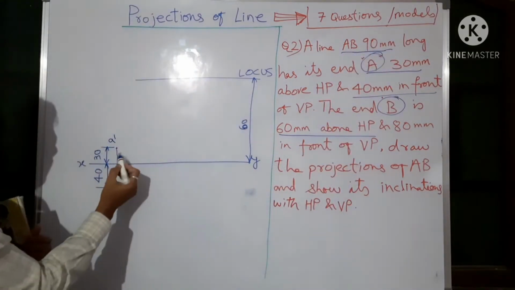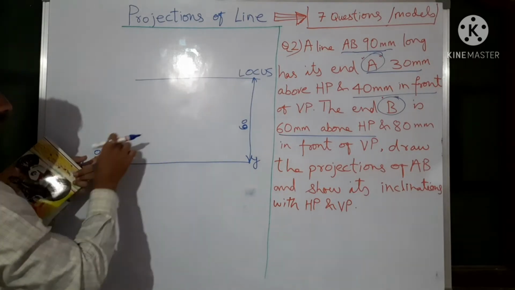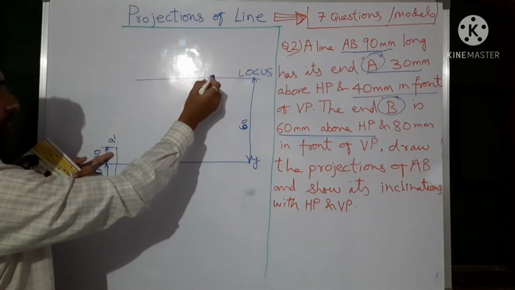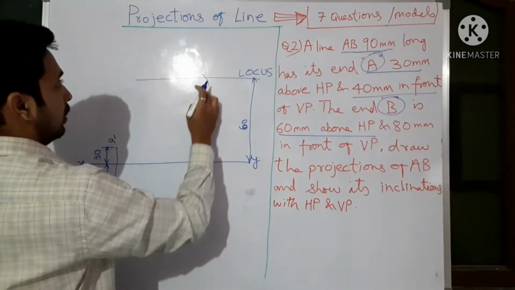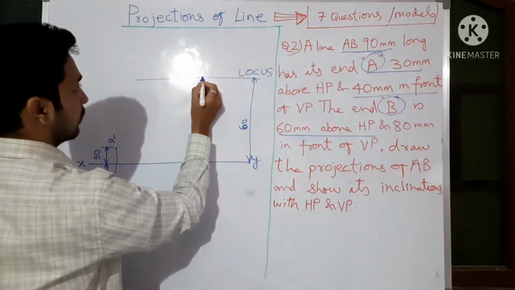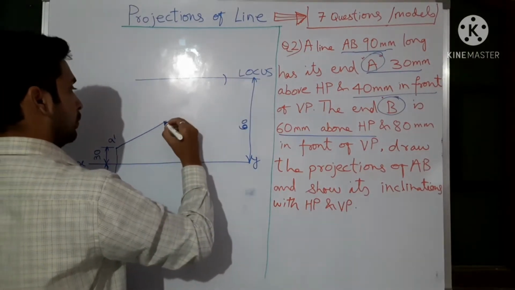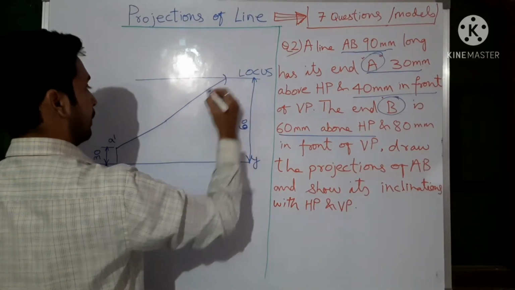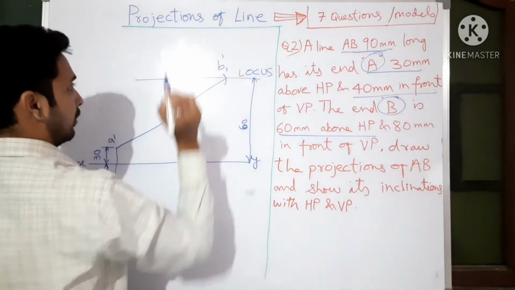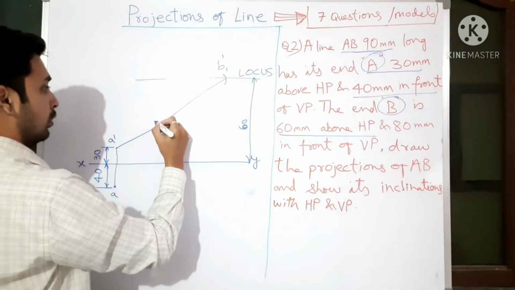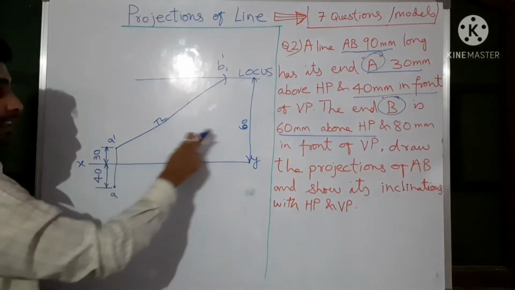So from here keep the center, with radius 90, and wherever the radius cuts, take it like this. Assume somewhere here, A to B1. This is the true length, a 90 mm line.